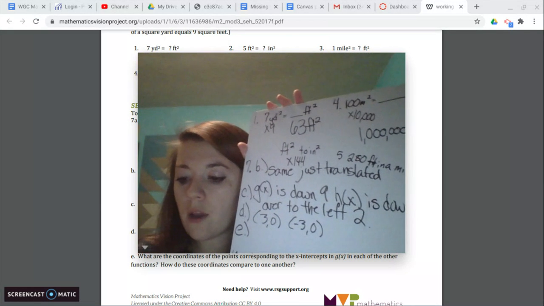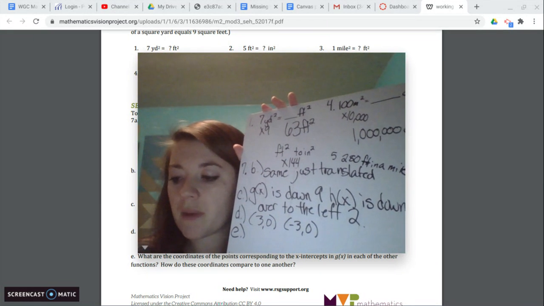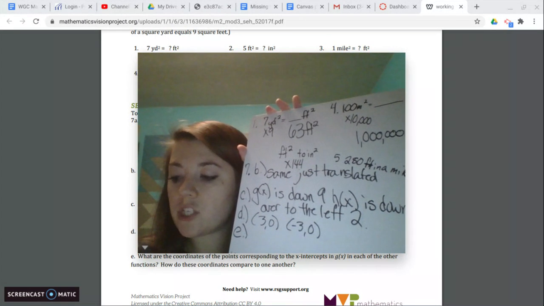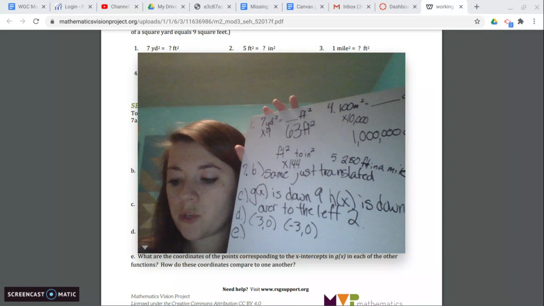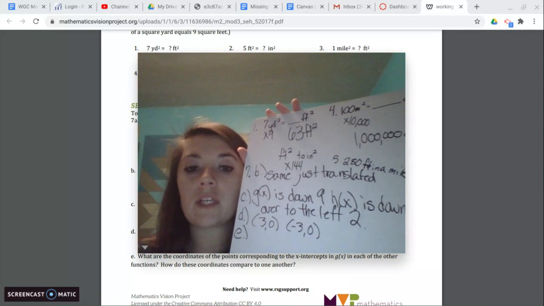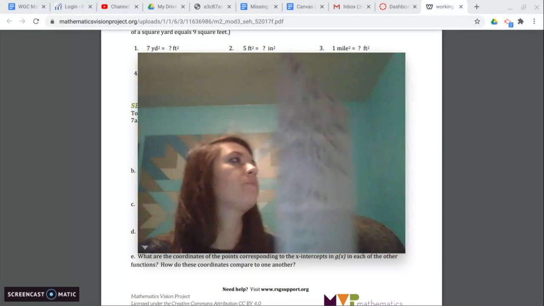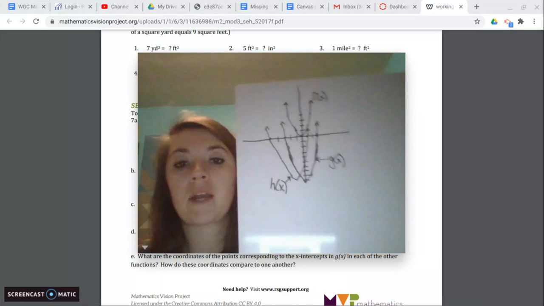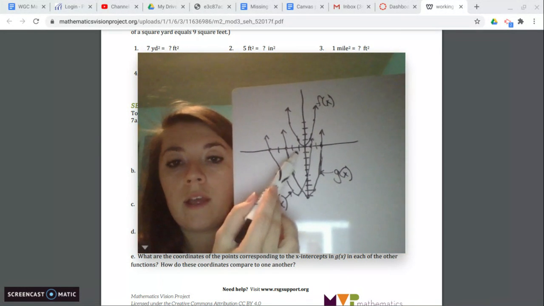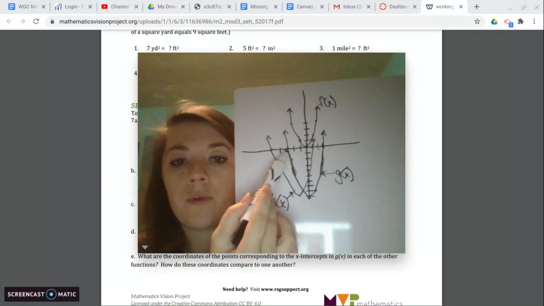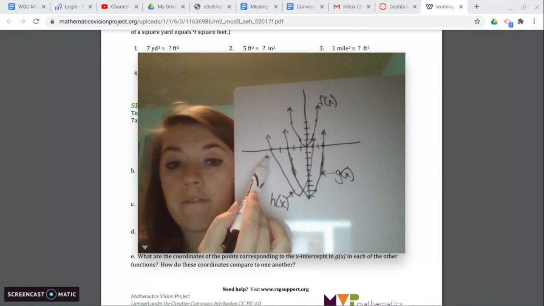And then for E, what are the coordinates of the points corresponding to the x-intercepts in g of x in each of the other functions? How do these coordinates compare to the others? So when we're looking at our h of x, we have an x-intercept here at 1, and then over here at 1, 2, 3, 4, -5.